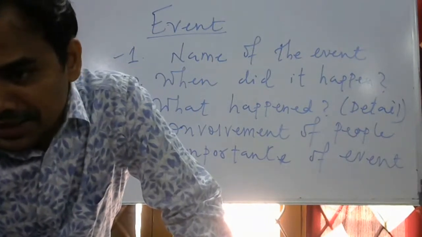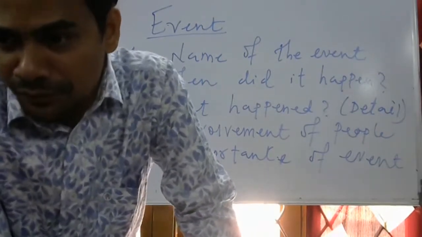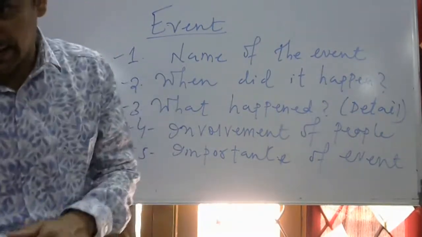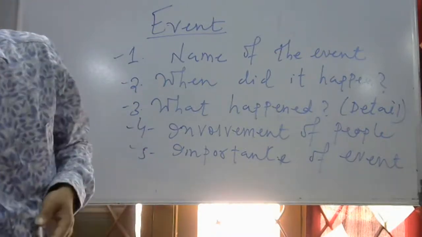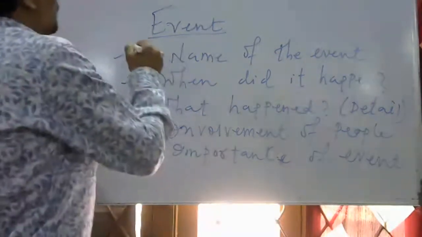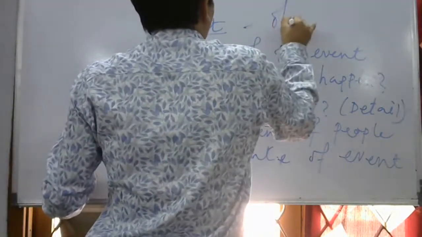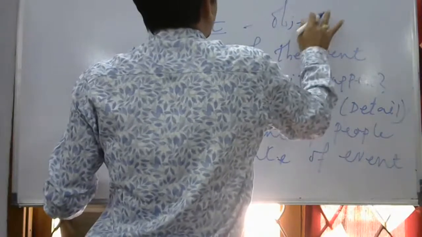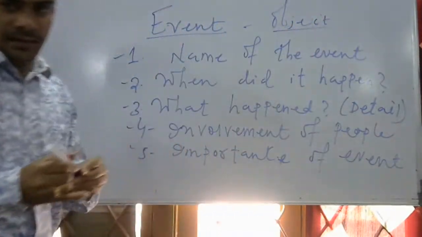Sandhya Mulchandani, yes? Sir, if we want to describe a non-living thing, in which category will it come? Okay, Sandhya, it can become your object. Any non-living thing you talk about will become an object.